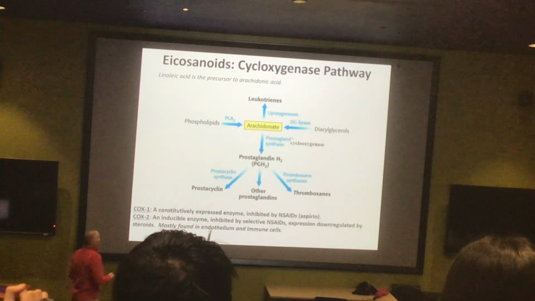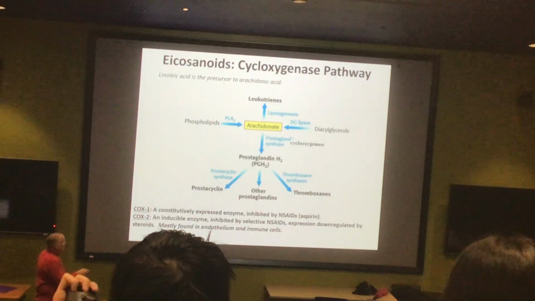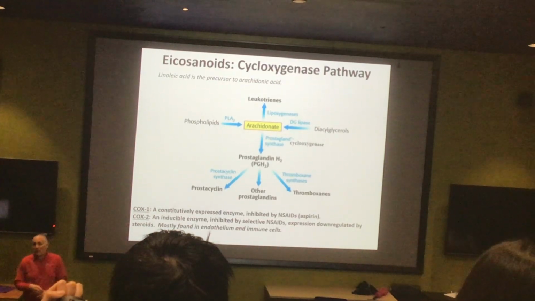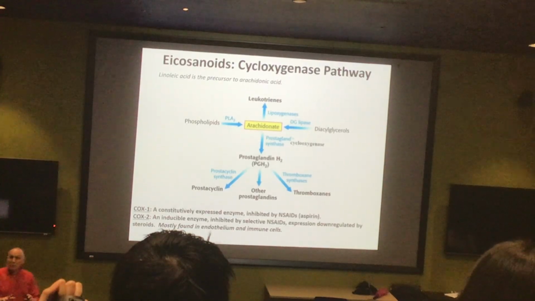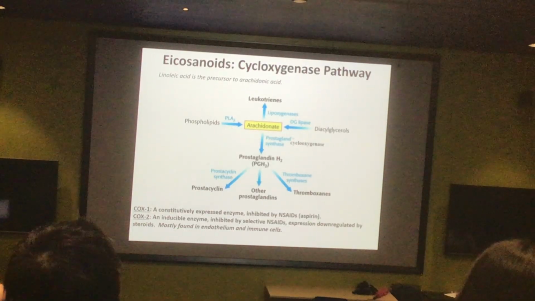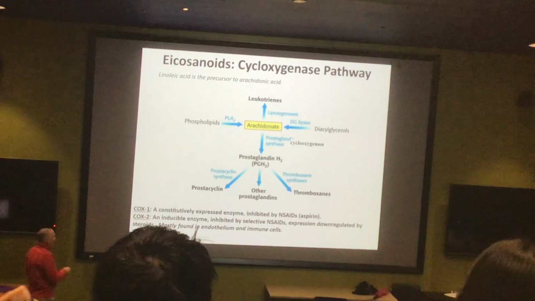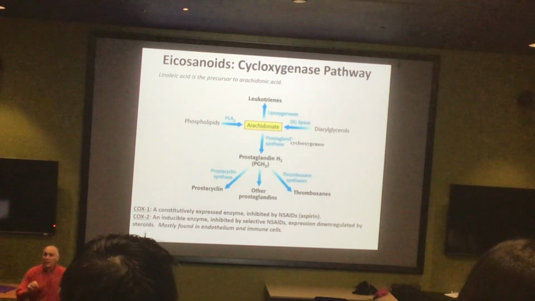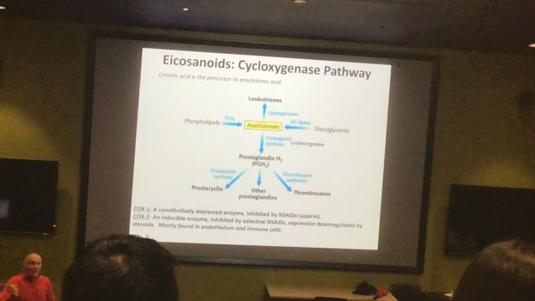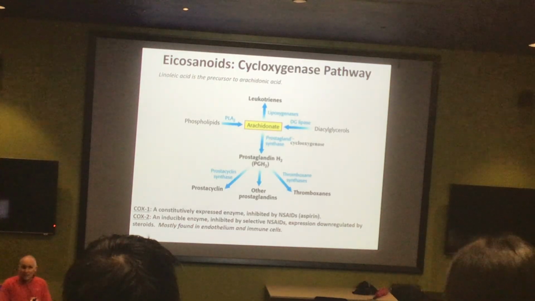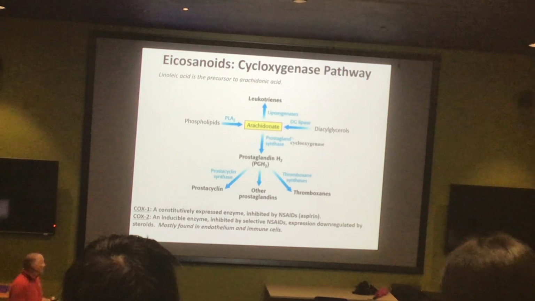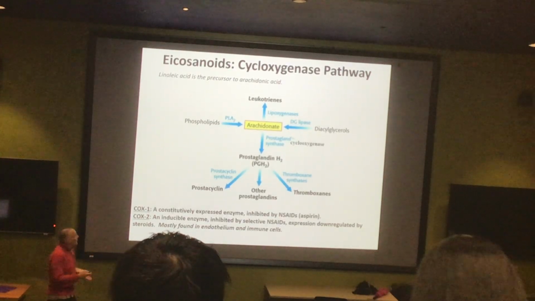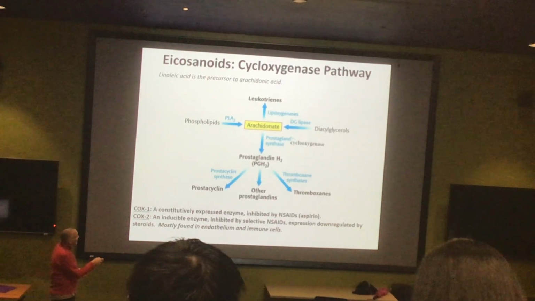Key feature, this pathway here, the cyclooxygenase pathway, is inhibited by cyclooxygenase inhibitors. There are 2 types of the cyclooxygenase enzyme, COX-1 and COX-2. These are the targets of your non-steroidal anti-inflammatory drugs. These are your targets of your aspirin. These are the targets of your ibuprofen. They inhibit things like headaches and inflammation by blocking this pathway.